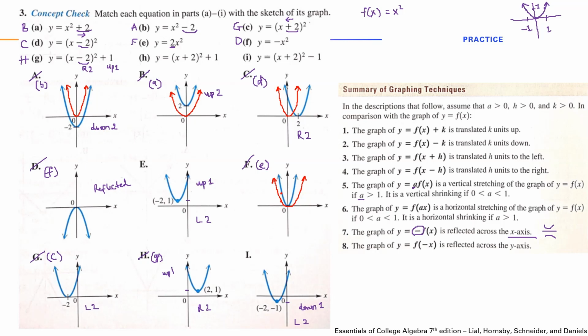So for the H, we move to the left 2 units, then move up 1 unit, to the left 2 units and up 1 unit. We have E. Okay, the last one is I. We know that let's go to the left 2 units and then down 1 unit.